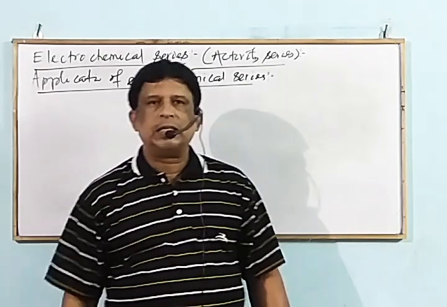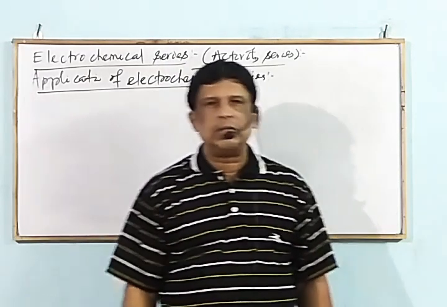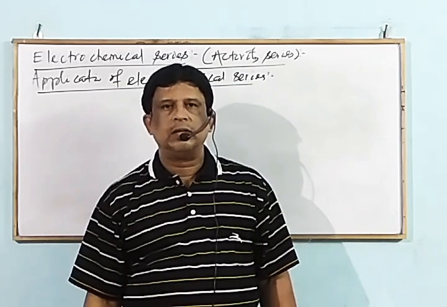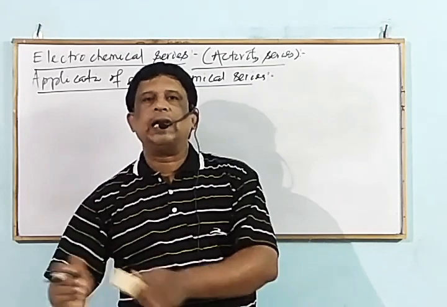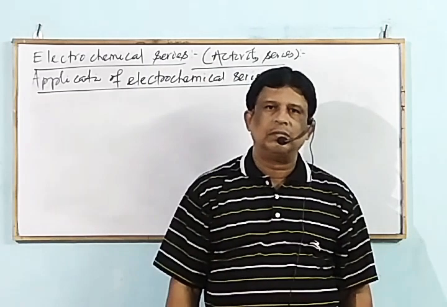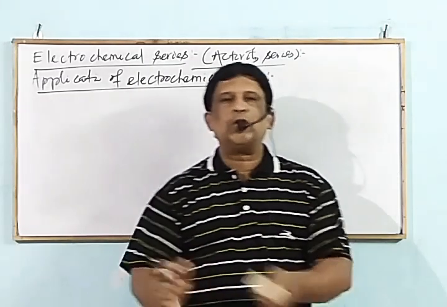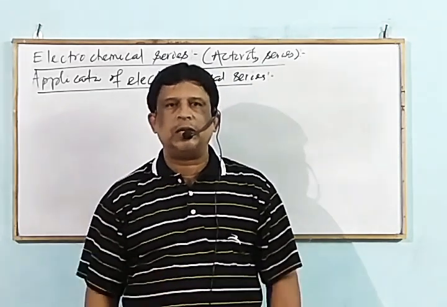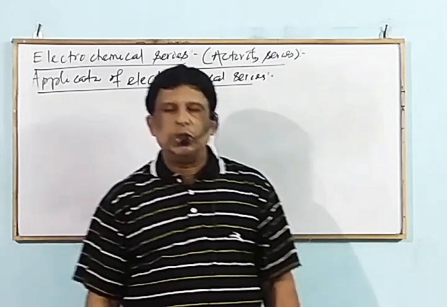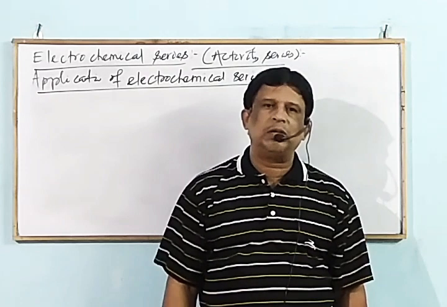Four to five points are there under the heading of application. Point 1, predict anode and cathode: from the electrode potential value, from the oxidation potential or the reduction potential value, how we calculate which one is anode and which one is cathode.